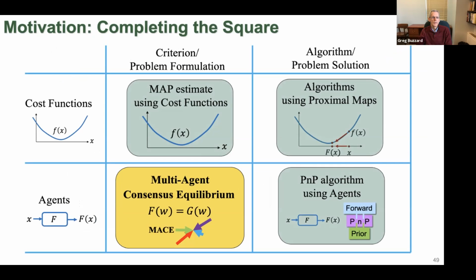Okay, so this MACE framework gives us a way of completing the square. So we have our problem formulation that we claim goes along with the plug and play algorithm on this problem solution frame.